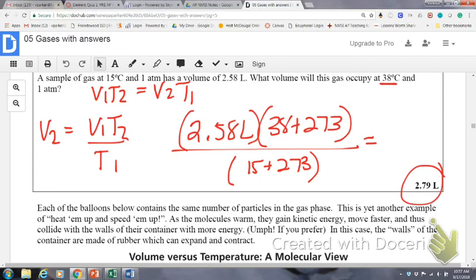I could throw some answer choices out if this was a multiple choice question. In this problem, my temperature increased, so what do I expect my volume to do? Increase. So if I'm looking at answer choices that have a smaller volume, I can immediately throw those out, and now I have fewer answer choices to choose from on a multiple choice test.